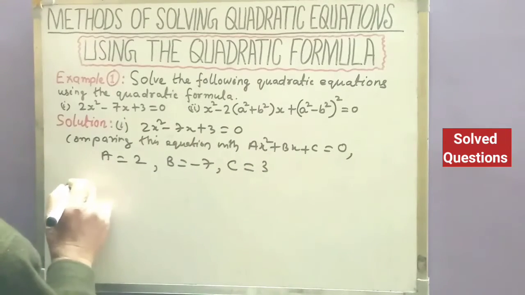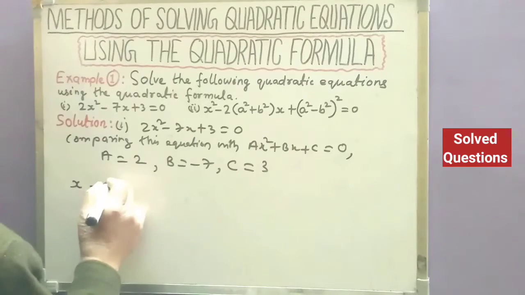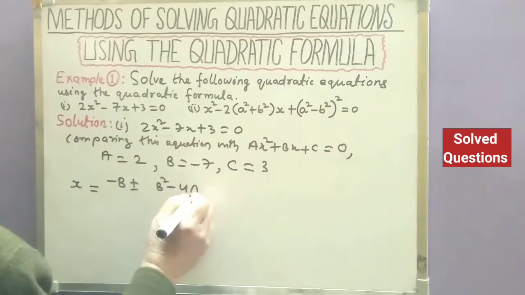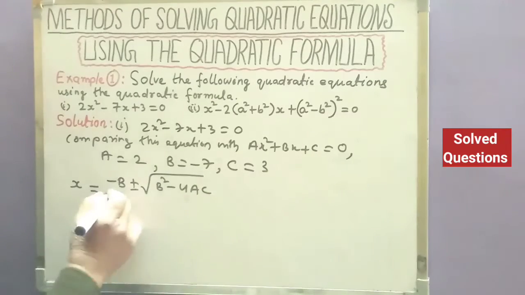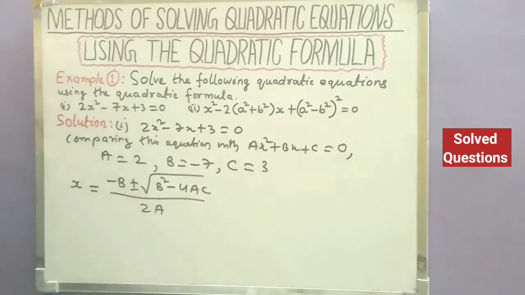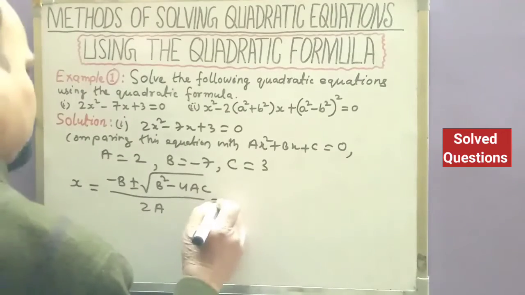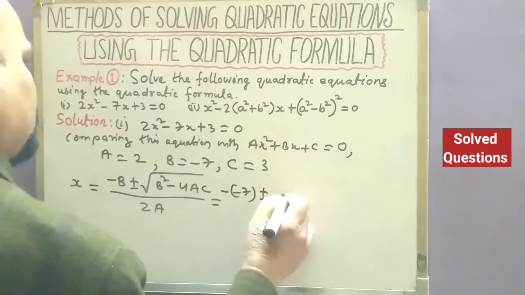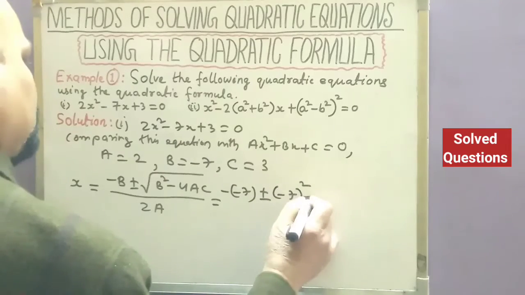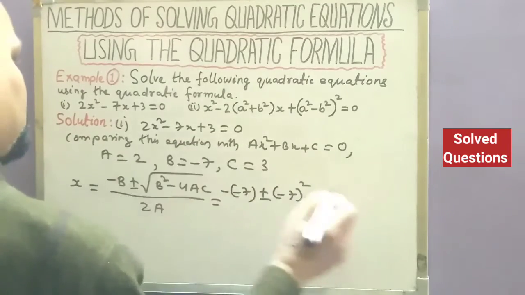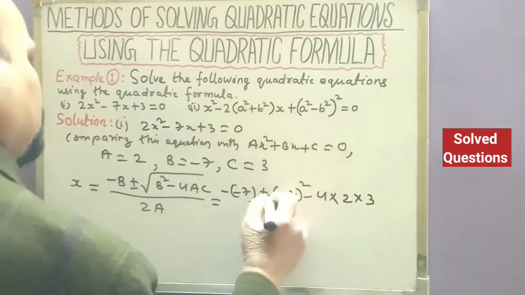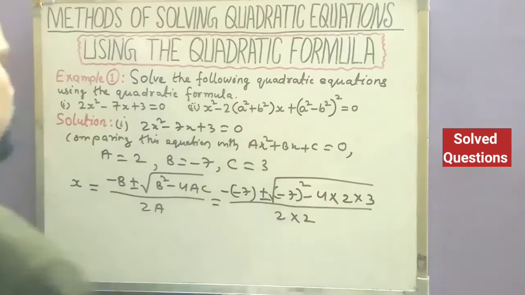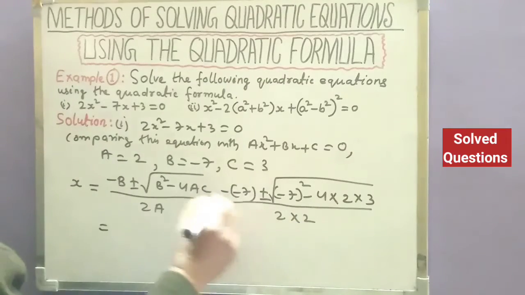Now, using the quadratic formula, we have x = (−b ± √(b² − 4ac))/2a, which equals (−(−7) ± √((−7)² − 4 × 2 × 3))/(2 × 2), because a = 2.